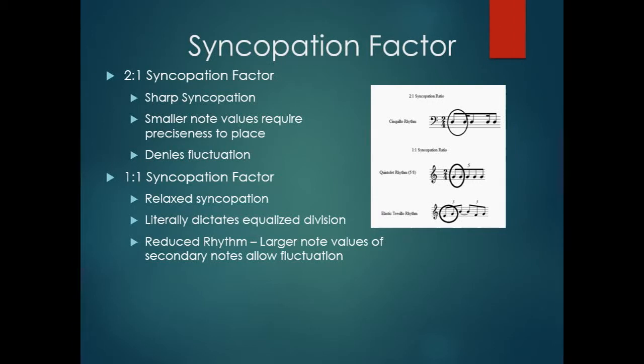So there's room to fluctuate, but in this 1-to-1 syncopation factor, the second note is the secondary note, the subordinate note. So that note has a larger value, and that gives it room to fluctuate.